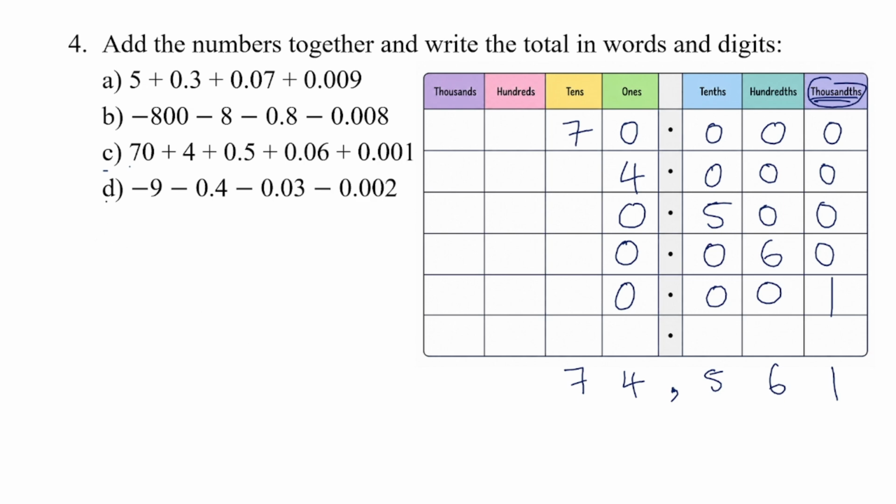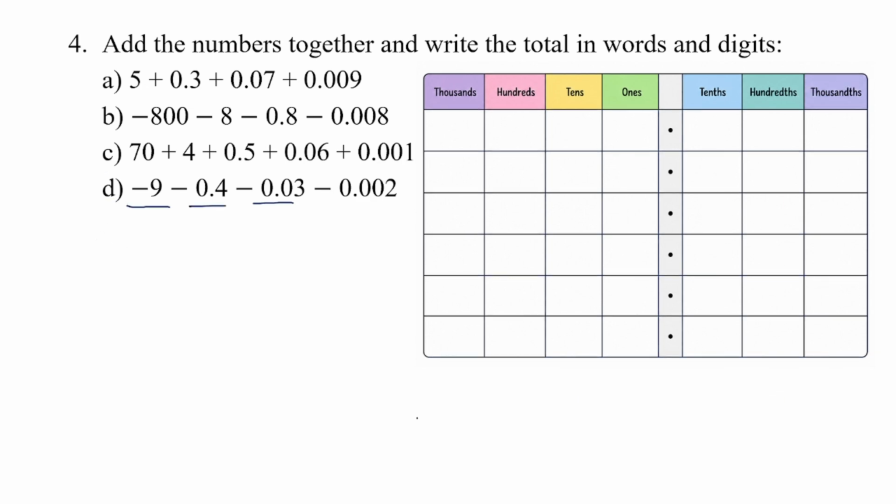Okay, right, let's do D. Right, we're adding negatives here. So let's start by finding the sum, and then we're going to add the negative later. So 9 ones, and then 0.000, then 0.400, then 0.03, then 0.002. Right, if we add these, what we get?